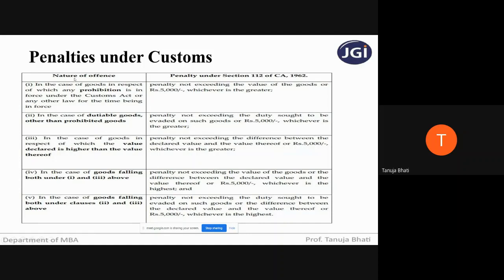Suppose the nature of the offense the importer is committing is in the case of goods in respect of which any prohibition is in force under the Customs Act or any other act for the time being in force.